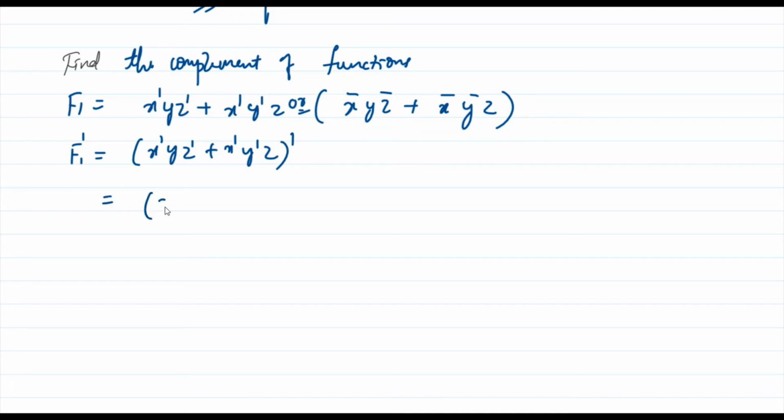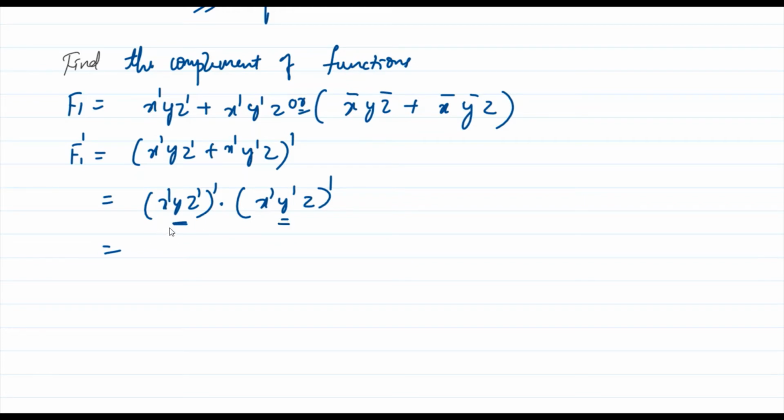Now it becomes (x prime y z prime) whole prime dot, the plus operator becoming dot, (x prime y prime z) whole prime. Am I right? Now you can apply De Morgan's theorem for this and for this.